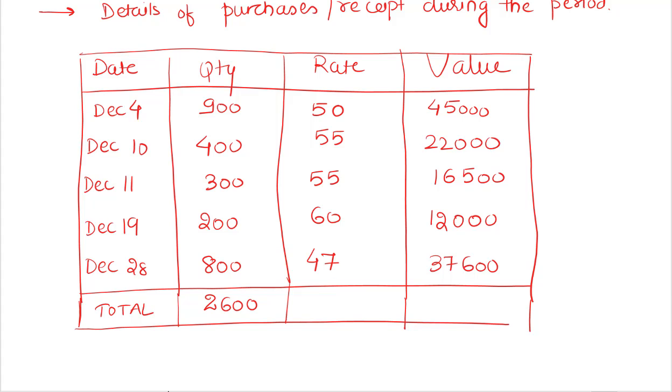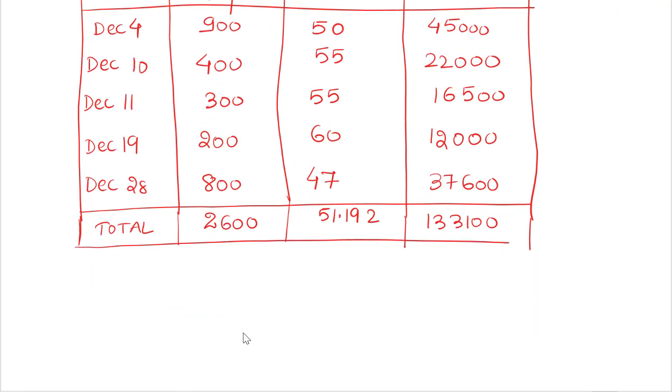If you make a total of the value column, we'll receive 1,33,100. Let us divide and calculate the average rate. 133,100 divided by 2600. The average figure is 51.192.